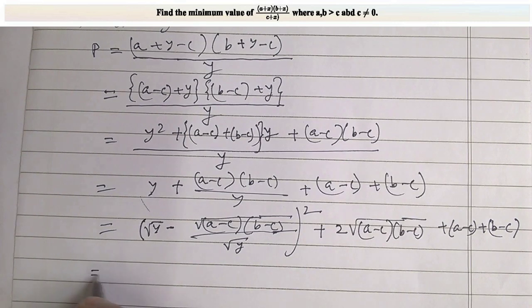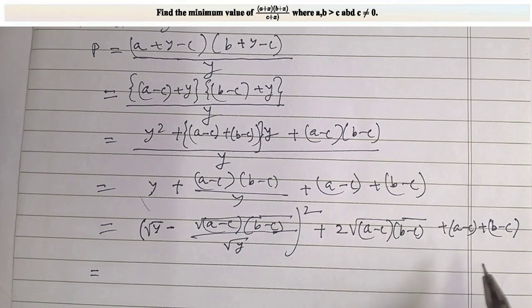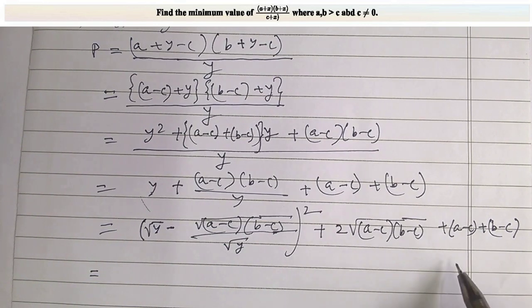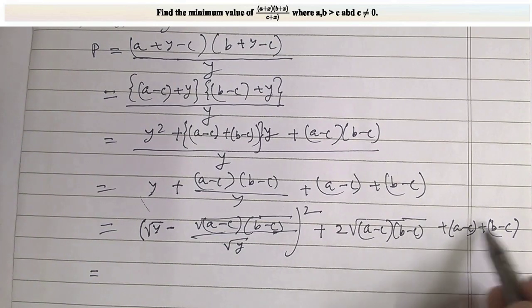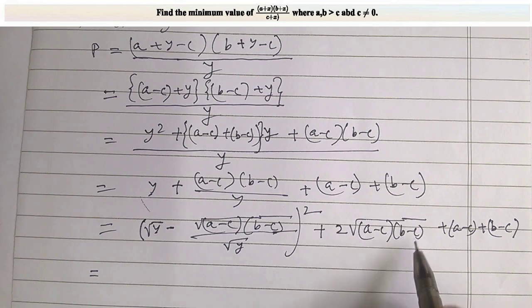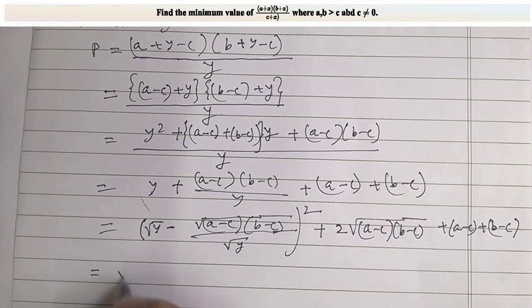Now root over a minus c, root over b minus c, that means root over a minus c whole square is equal to a minus c, root over b minus c whole square is b minus c, and using these we may write this root over y.